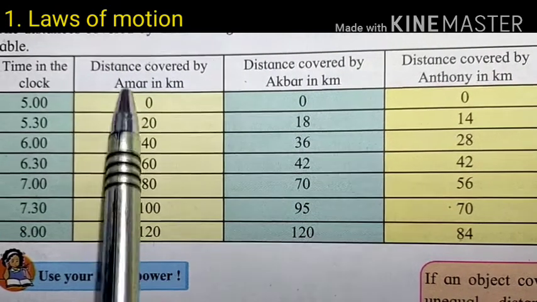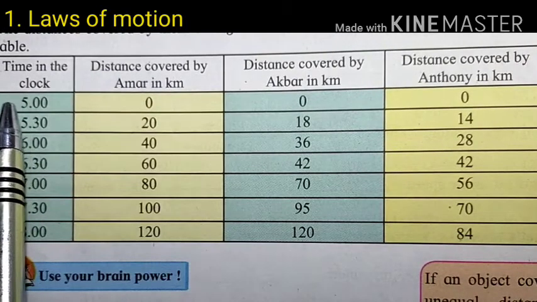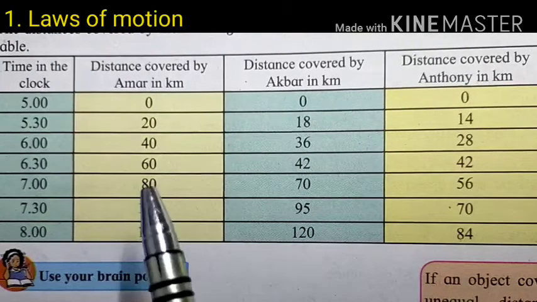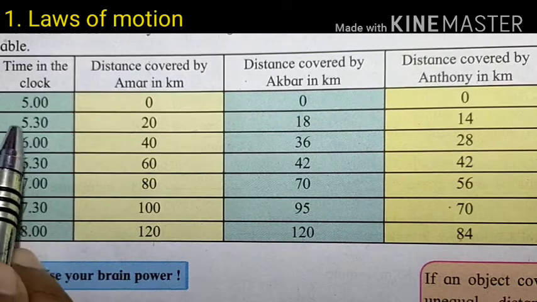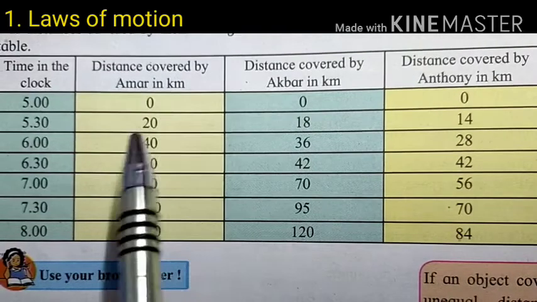Now you can see in the case of Amar. Amar started the vehicle at 5 o'clock. So initially he was at rest, not traveling, that means the distance is 0 kilometer. But after half an hour, at 5:30, he traveled 20 kilometer.